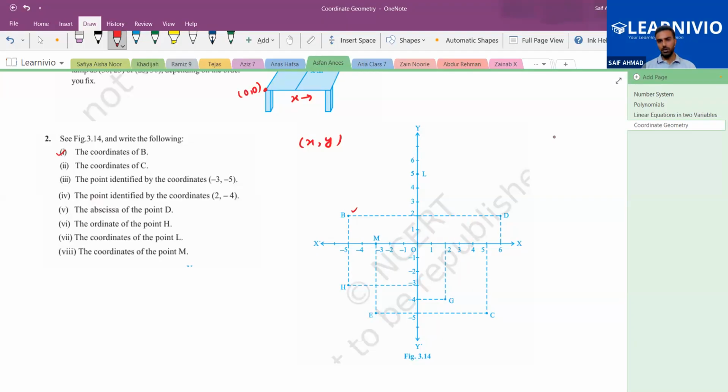Yes, this is on the left, so -5. And Y? 2. On the Y-axis, the reading is 2. Coordinates are -5, 2.